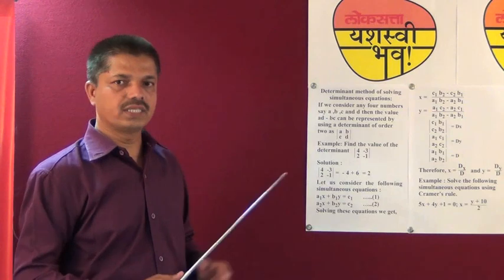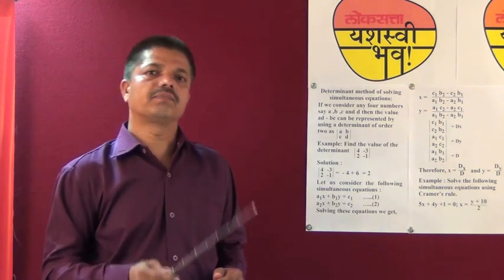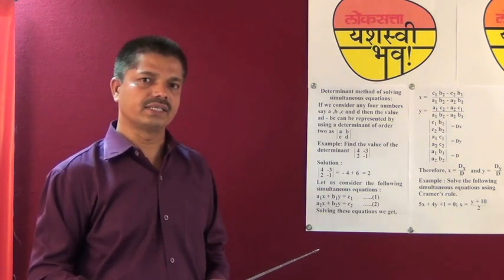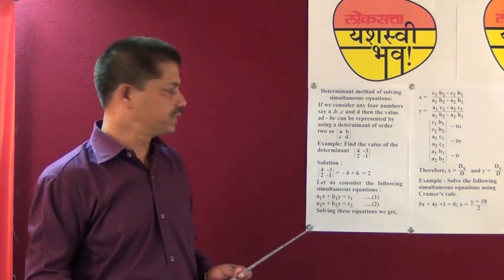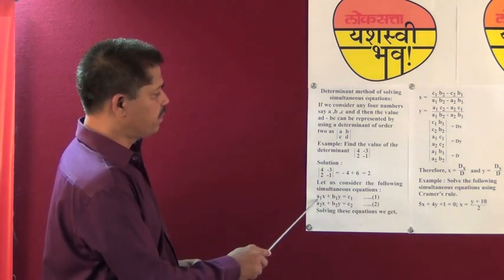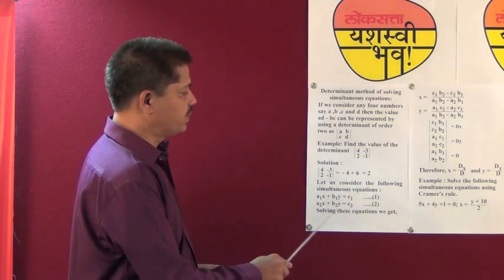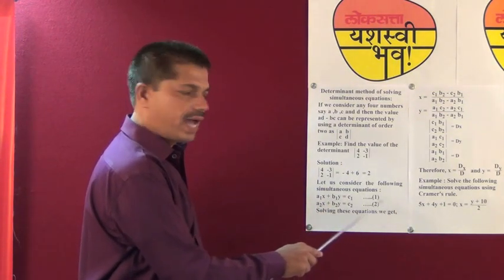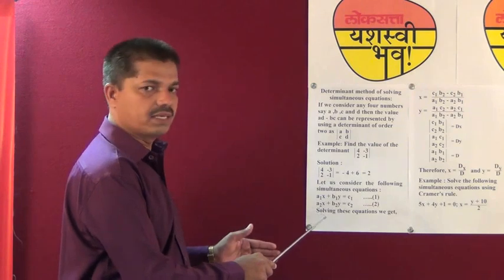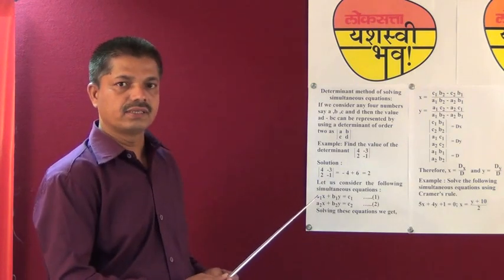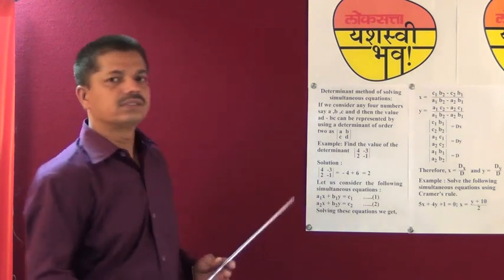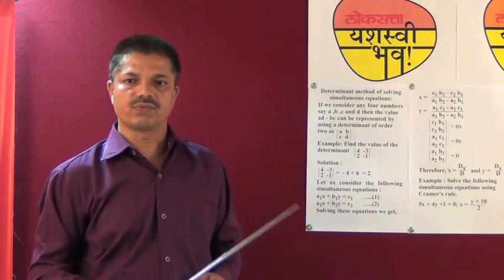If you want to solve these by the method studied in standard 9, by equating the coefficients, we multiply the first equation by a2 and the second equation by a1, make the coefficient of x the same and then eliminate it. Then you will arrive at the values of x and y.